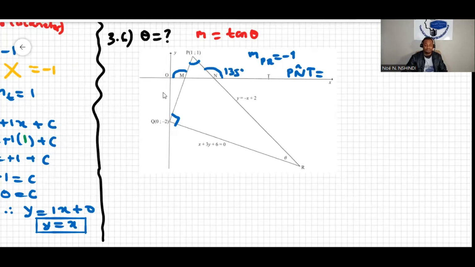Now, previously we found that the gradient of the line PQ was equal to +3. To find the value of this angle, over here we're going to find the angle PMO.